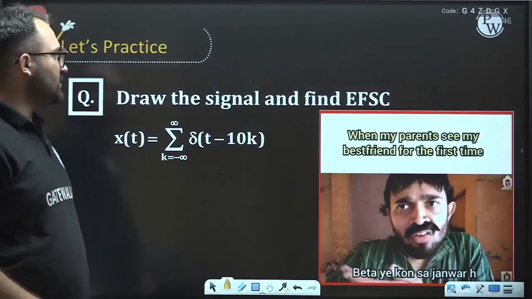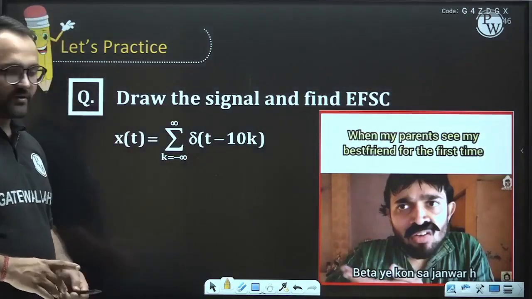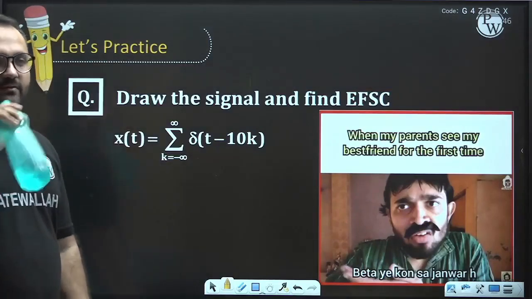Great. So first of all, let us draw the signal and find out the Fourier series of this. This is called an impulse train.